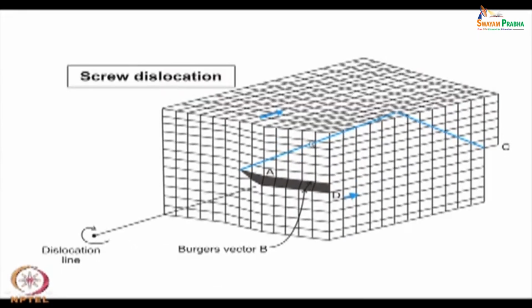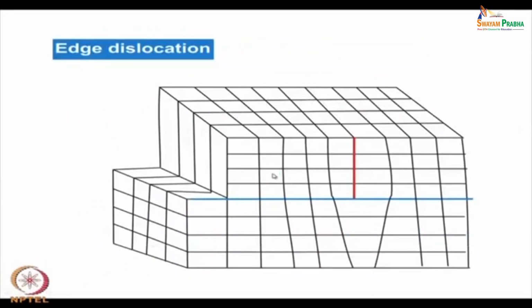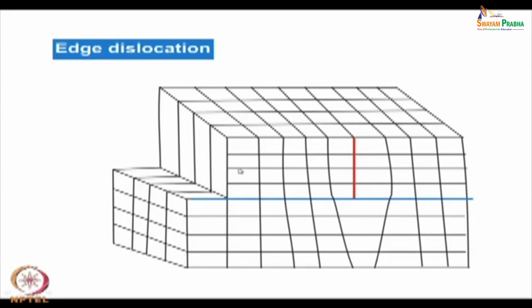The boundary is along the direction of application of the mechanical stress or shear stress. Earlier we have seen the boundary is perpendicular to the direction of the slip or the direction of application of the stress. If you look back, this boundary is at a perpendicular distance compared to the direction of the applied stress.